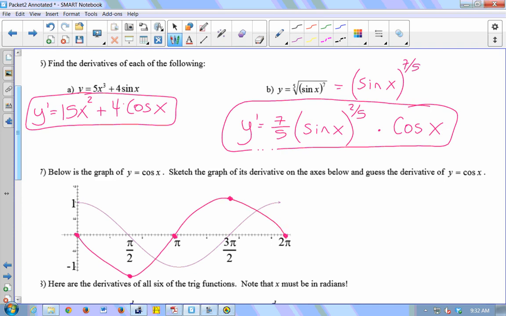And what did I just draw? Yeah, the negative of the sine graph. Sine would start at 0 and go up, right? This is a reflection of the sine graph over the x-axis, which means that it is the negative sine of x.